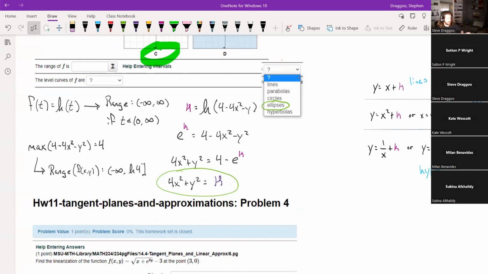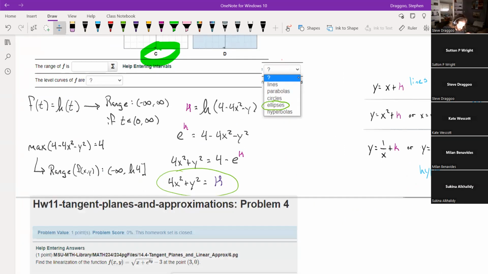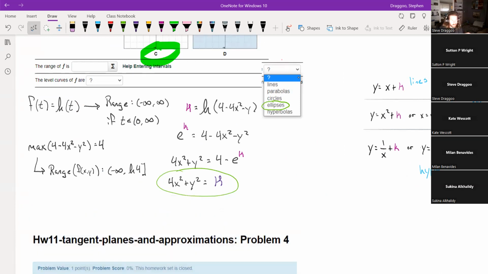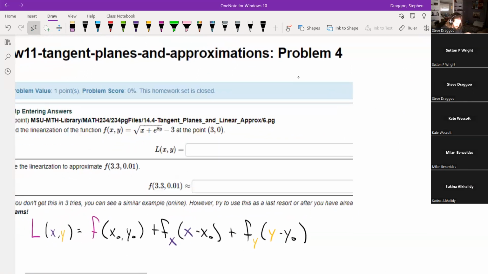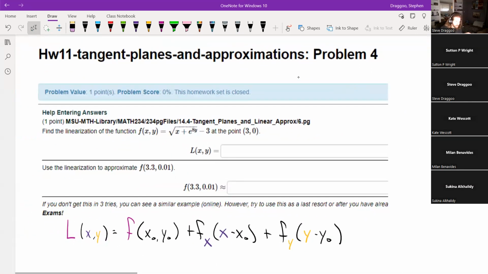Cool. So that's about as exhaustive as I could be on that first problem. Let's go on to question 2. Yep, we budgeted enough time for the review, I'm sure. So this next problem, what have we got? Looks like we're gonna find a linearization of something.